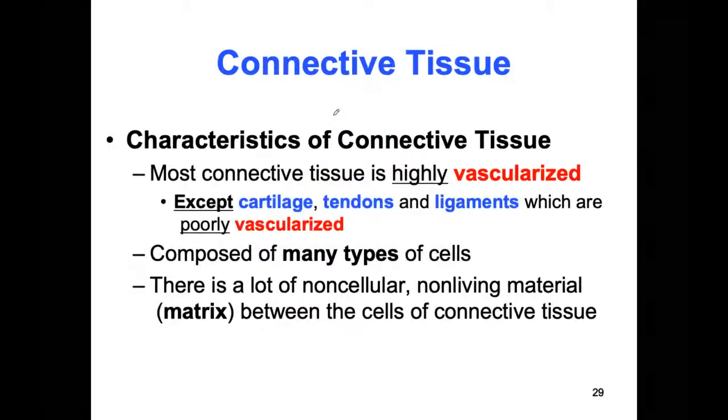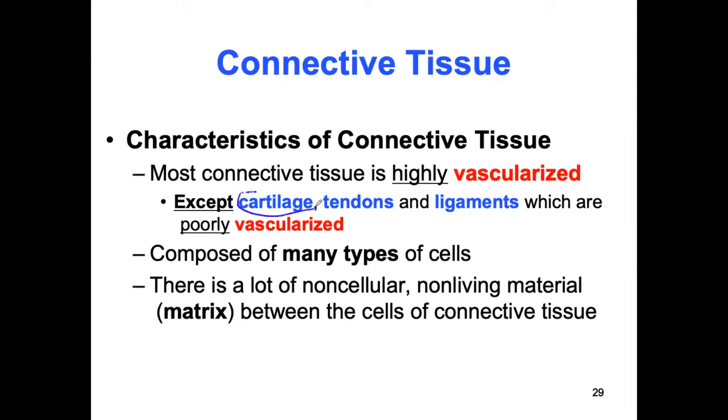Okay, so in terms of connective tissue, most connective tissue is highly vascularized, right? We said the exception before was cartilage, which is avascular. Ligaments have a little bit better blood supply. Tendons also have a pretty good blood supply, but cartilage, really bad.